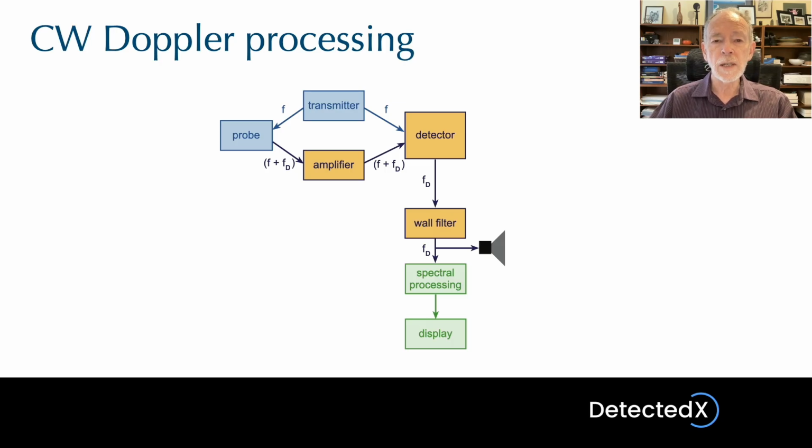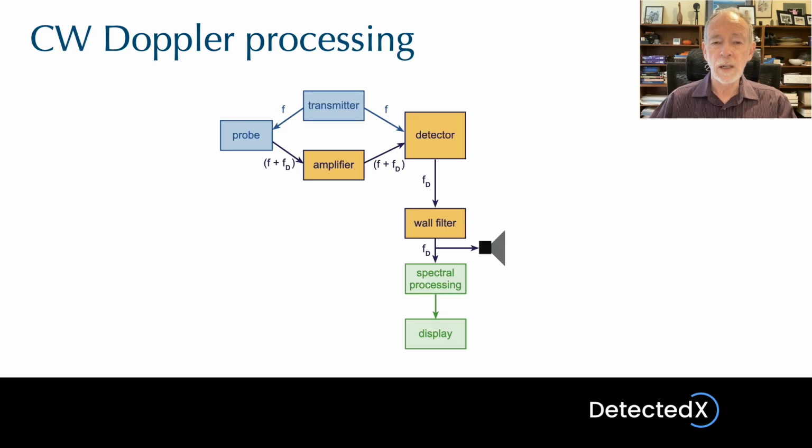The detector has the property that it receives two different inputs and it detects the difference in frequency between them. So it is also given a sample of the transmit frequency F, and it can therefore detect the Doppler shift, and it discards the ultrasound frequency component.